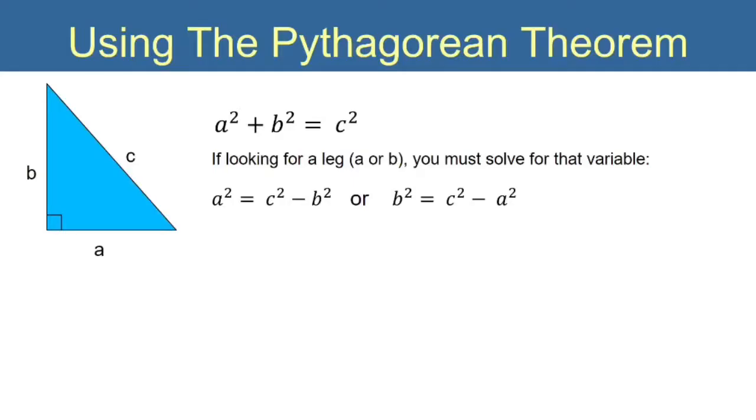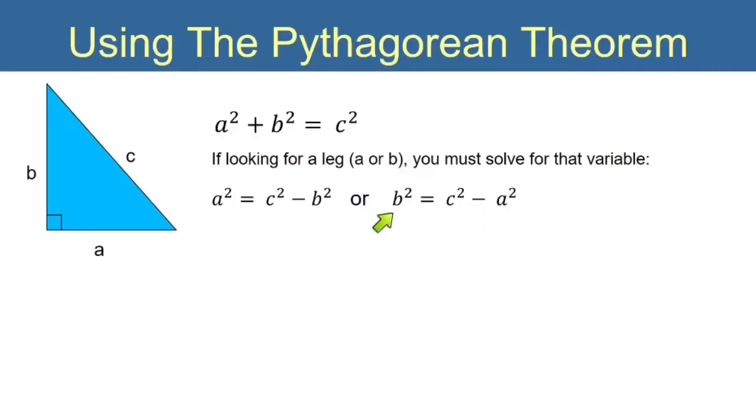Notice that if I want to solve for A squared, what I would do is subtract B squared from both sides, and that would give me A squared equals C squared minus B squared. Or if I wanted to solve for B squared, what I would do is subtract A squared from both sides, and that would give us B squared equals C squared minus A squared.